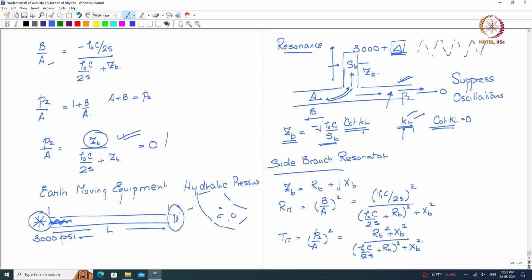So, if both RB and XB go to 0, RB is typically very small, and XB goes to 0, then power transmitted downstream is 0. So, that is one applied problem.